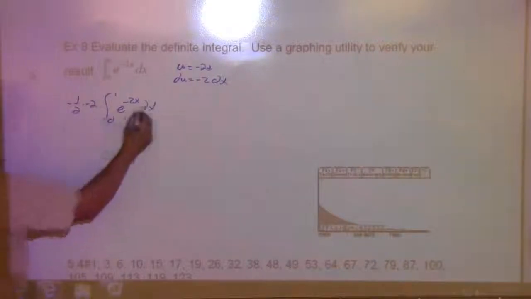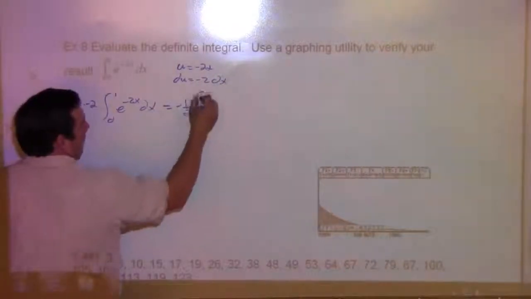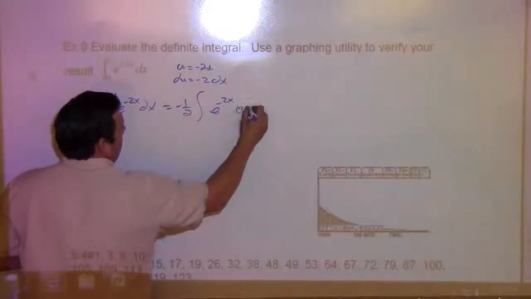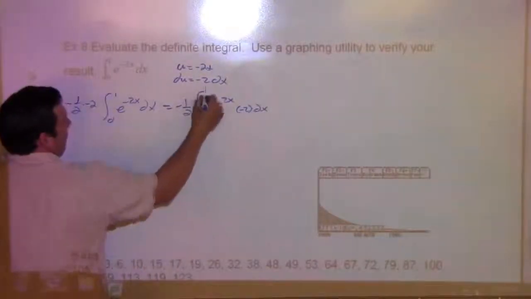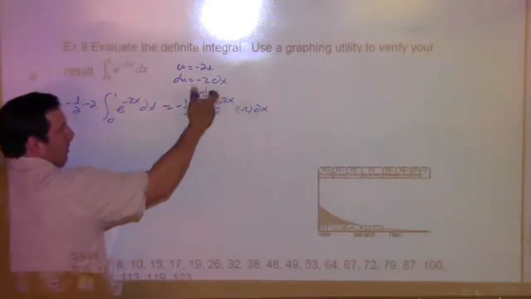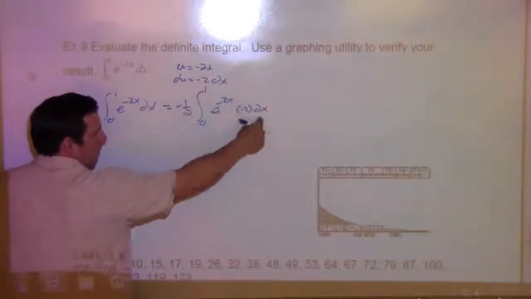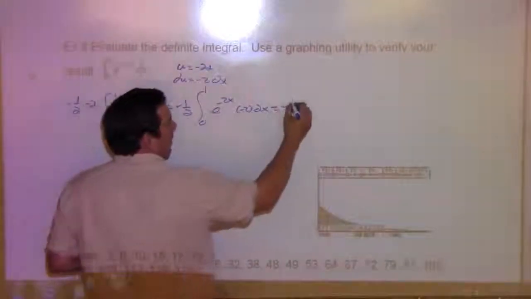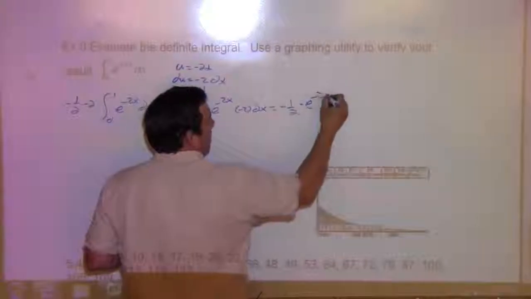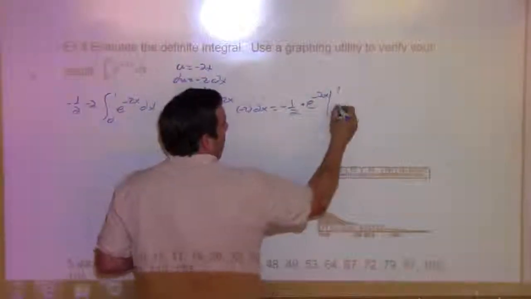So I'm kind of setting this up. This becomes negative 1/2 times the integral of e to the negative 2x times negative 2 dx from 0 to 1. So now we have the components for this u and du, so to speak. This is negative 1/2, that's not going to go away, times e to the negative 2x from 0 to 1.